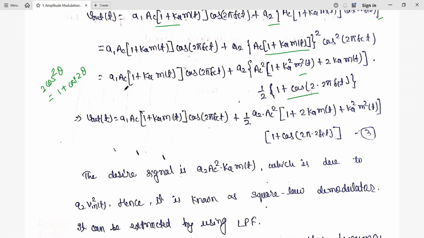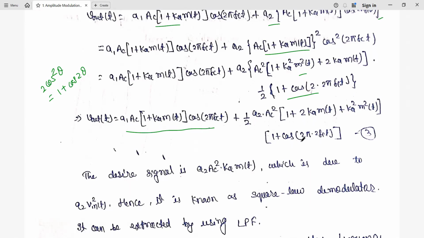And here in the first term, now we are going to separate the components. If you see, it is as it is the modulated wave, whereas in the remaining part we have half a2 Ac² [1 + ...], this is the expansion.